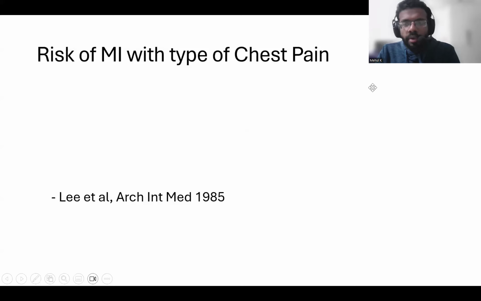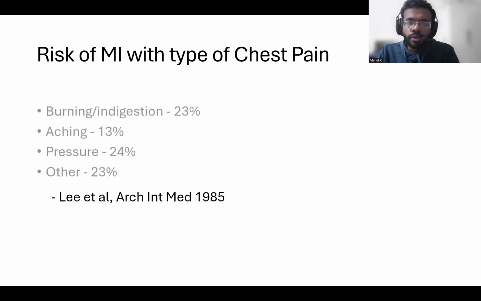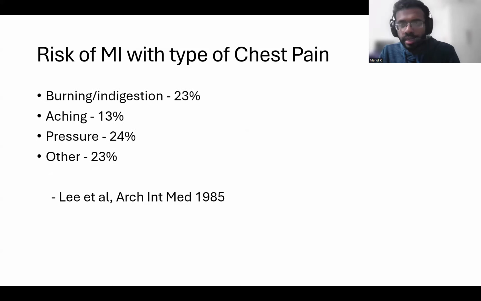What do you think? What type of chest pain is at a higher or a lower risk for an acute coronary syndrome? So it turns out that as per the data, almost all of the different types of chest pain have more or less the same risk of MI. So burning, pressure, and so on, all of them have more or less the same risk of MI.